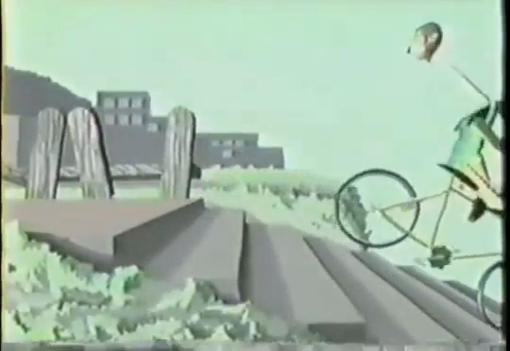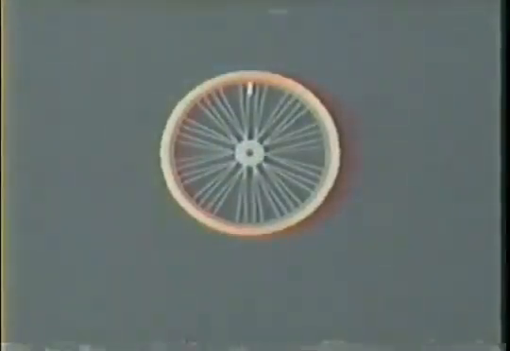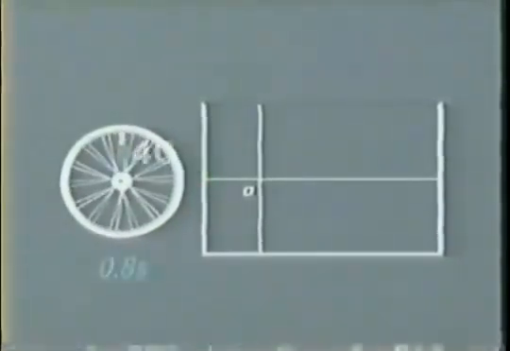Now let's look at the motion of a bicycle. The wheel has a radius of 40 centimeters and rotates every 0.8 seconds. We'll draw a graph showing the height of the air valve above or below the axle. The y-axis represents height and the x-axis time. We'll try to find the equation that describes the motion of the valve.